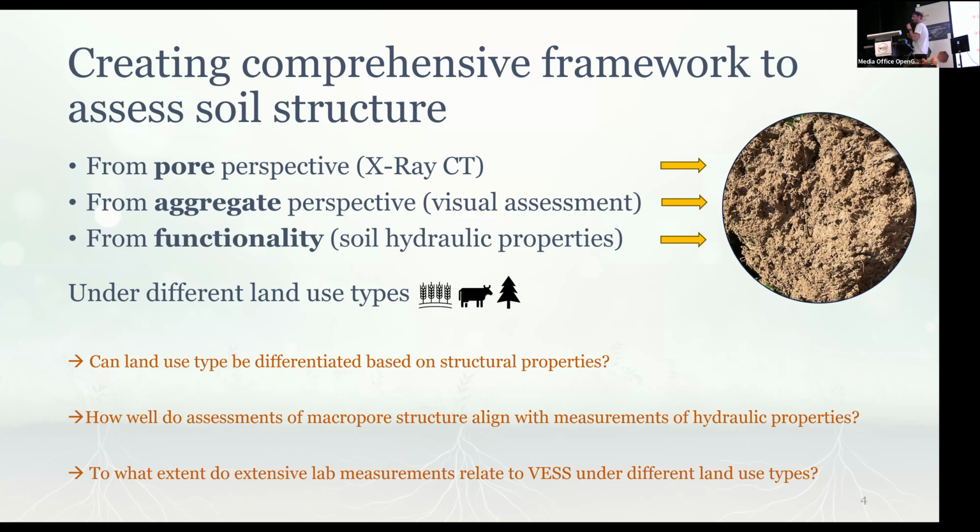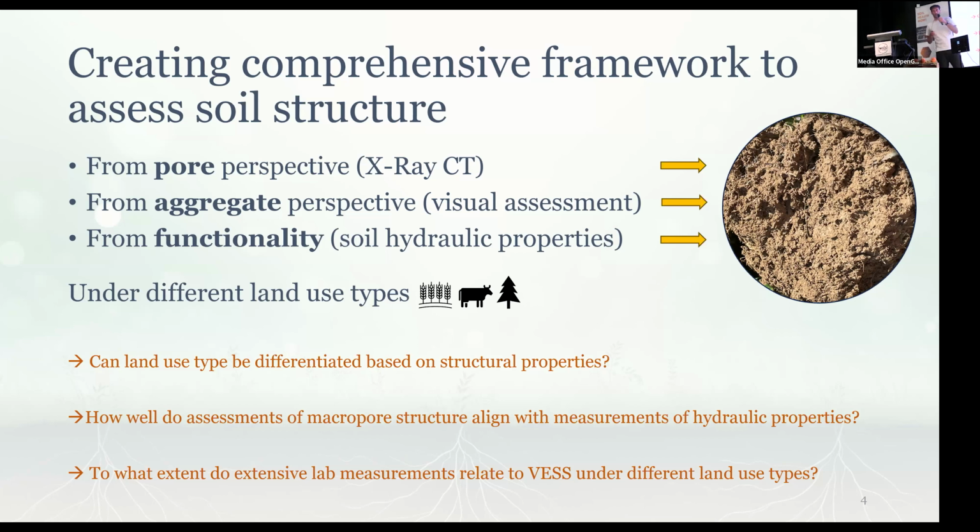Coming from the pore perspective, we use X-ray CT to get the macropore structure of soils. Then we look at the aggregation and the aggregates by doing a visual assessment, as I said before, where you just break up the soil by hand and look at the aggregates. And then we link it to the functionality of a soil by looking at the soil hydraulic properties.